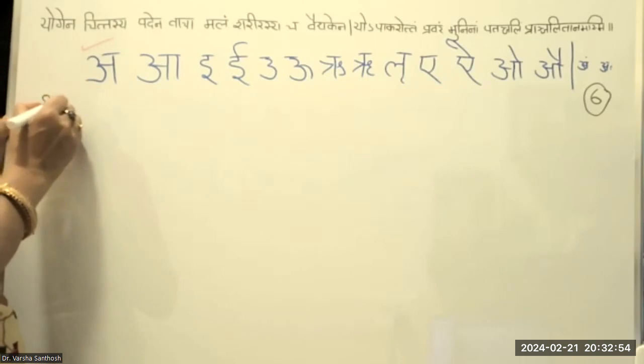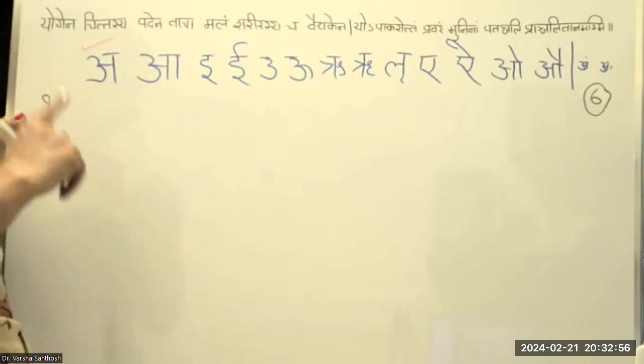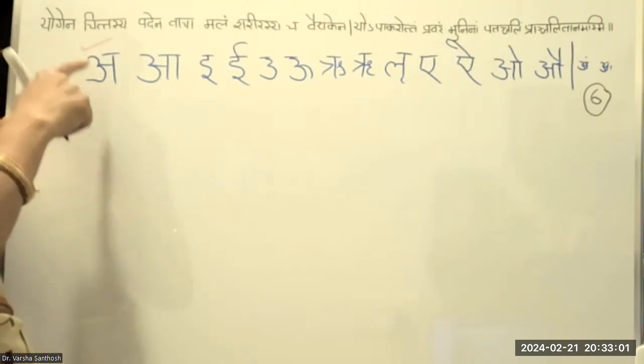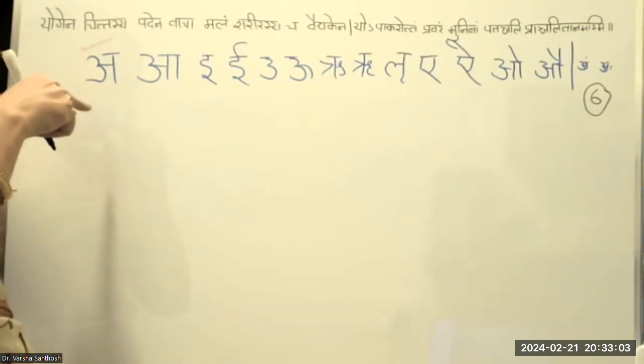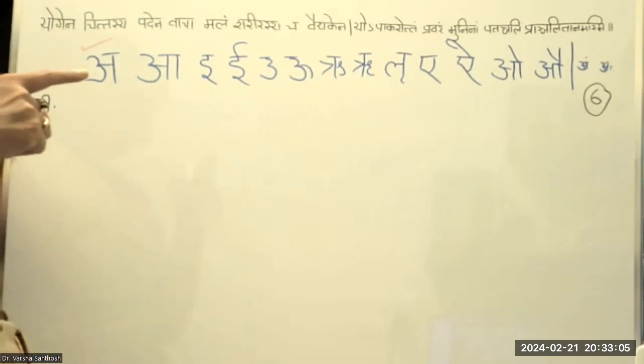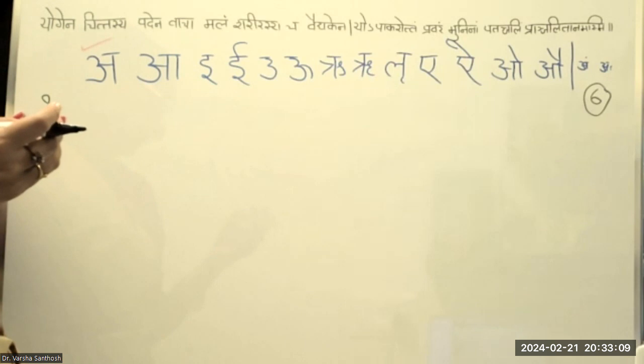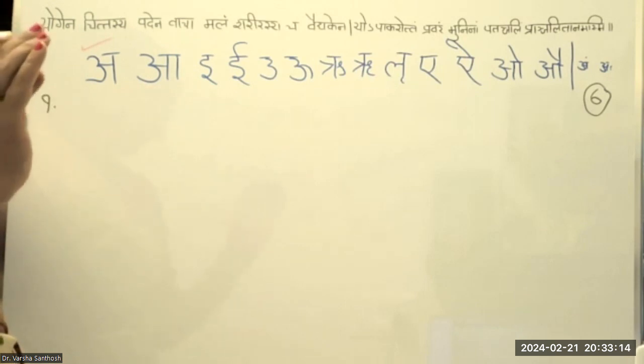The first one, it could be that one swara is joining with itself or a similar kind. Like A and A are similar kind, E and E are similar kind, U and U are similar kind. Okay, so they are similar.